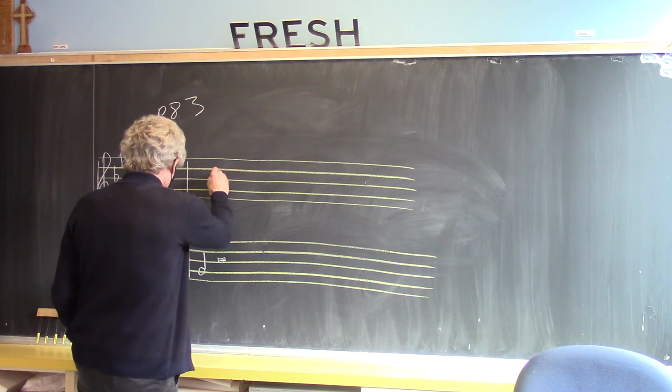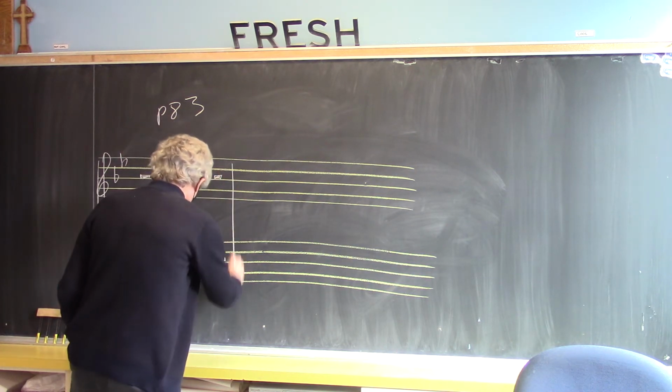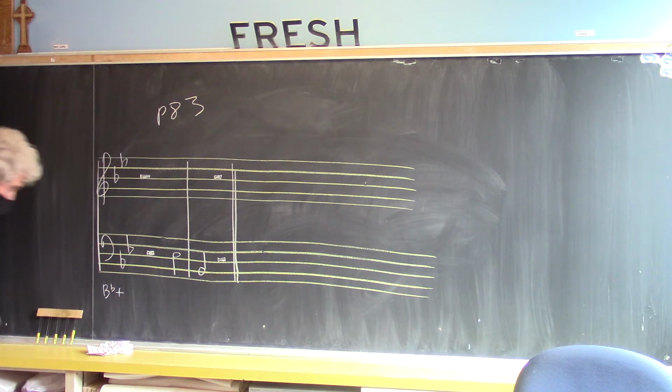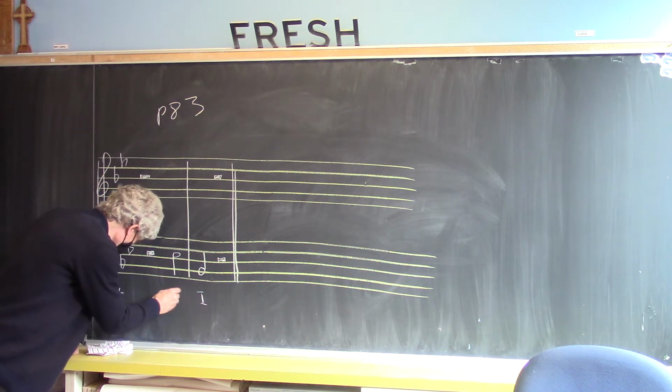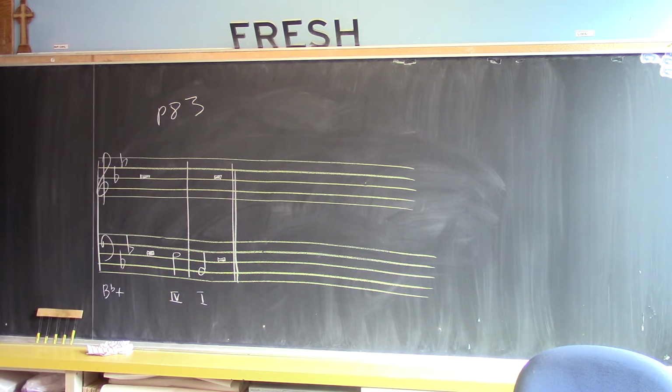Yeah, so this kind of question, you observe what rhythm they give you. That's it. Okay, so number one, plagal. So that's going to be 4-1. I always put the functional chord symbols underneath.